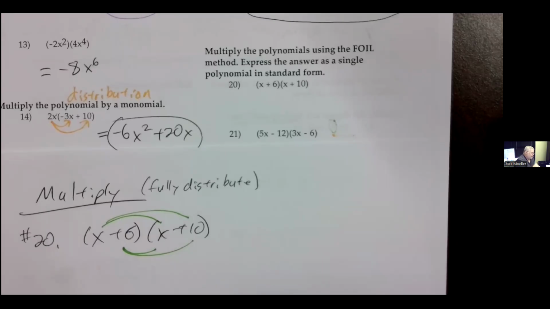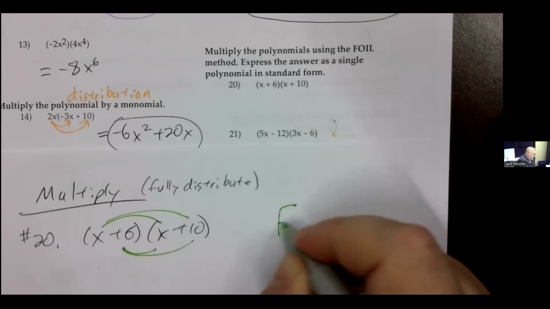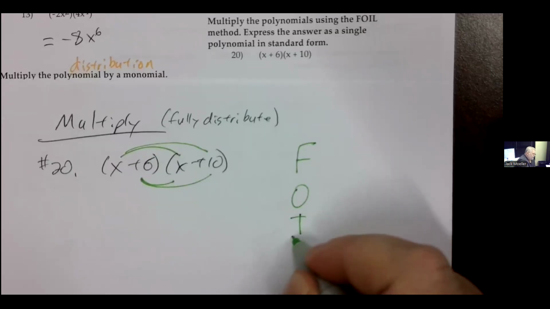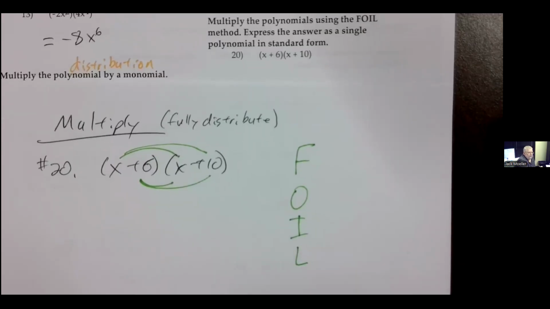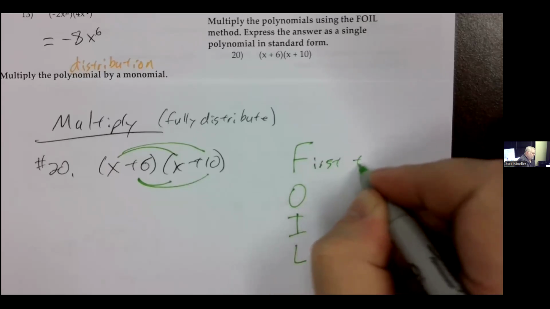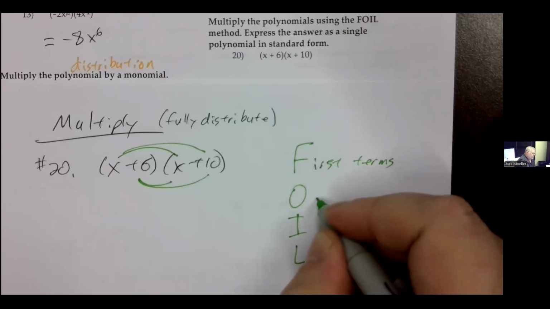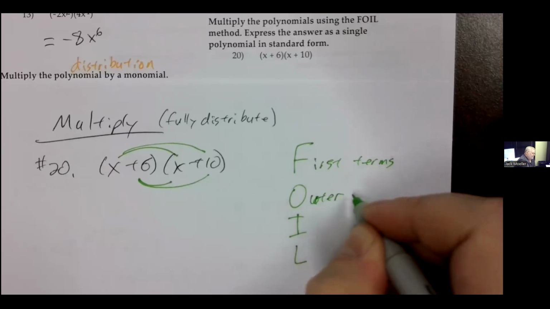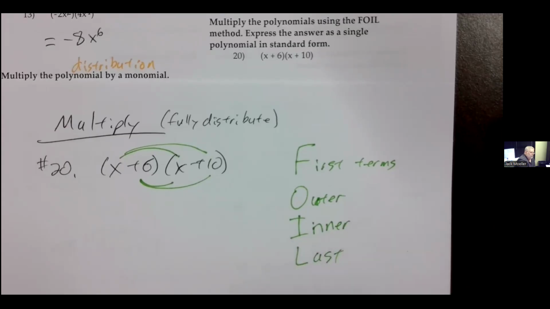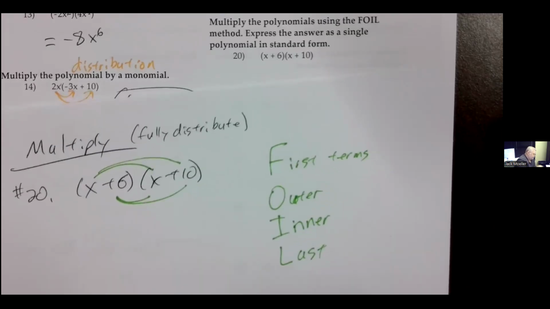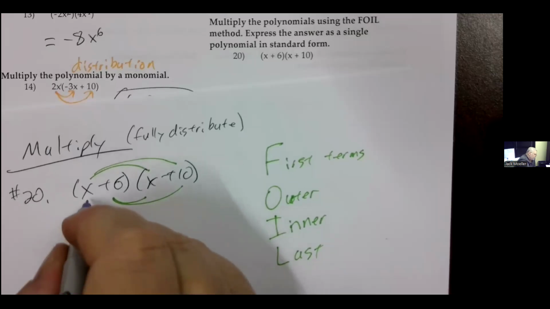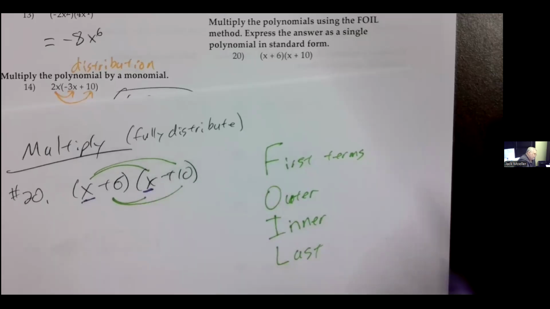Now, when you do that, this is what we refer to as FOIL. How many of you remember what FOIL stands for? Well, it's first terms, outer terms, inner terms, and last terms. What do we mean by that? Well, the first terms are the first terms in each binomial.